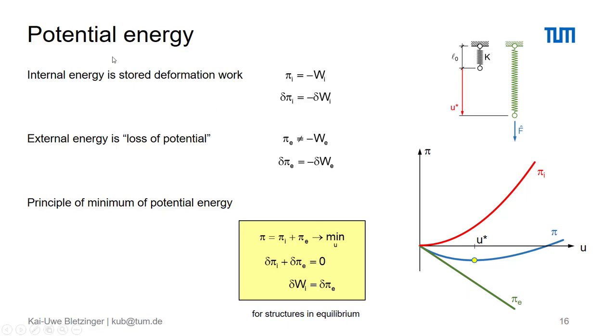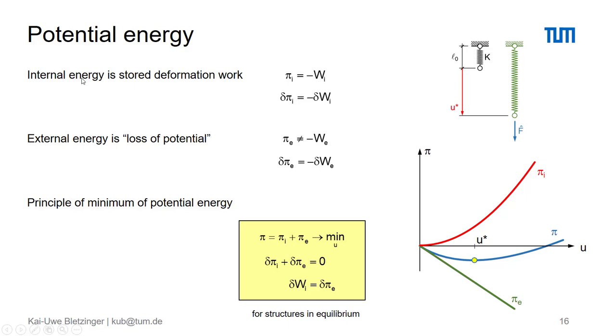A little comment about potential energy. Internal energy is stored deformation work. If we again perform our experiment, we pull down with the force, we have an internal work performed, and as the spring becomes longer and longer, we store energy within this spring, which you can recover by taking away the force, and then the spring snaps back to the initial state.